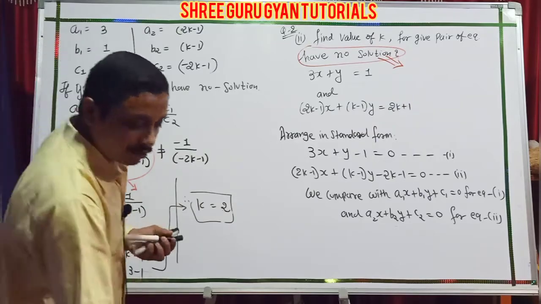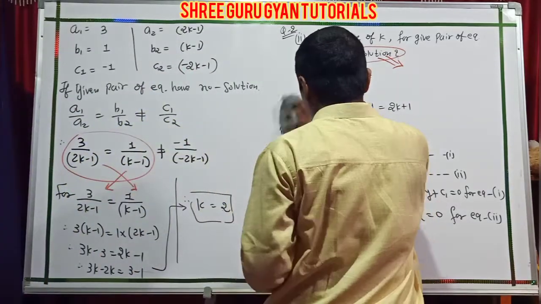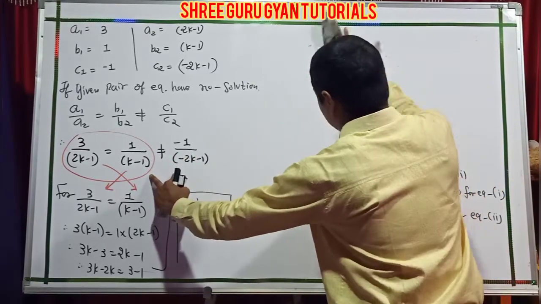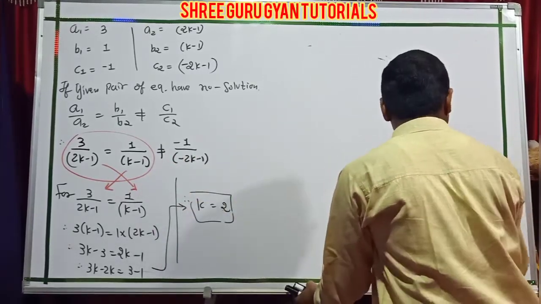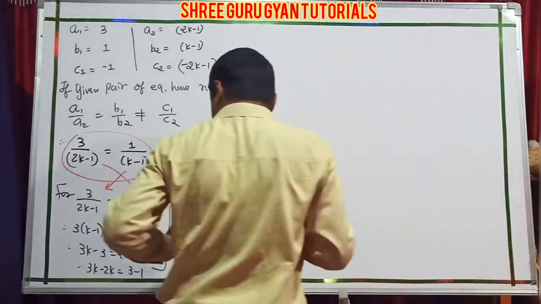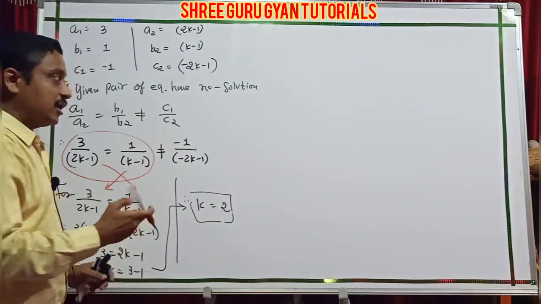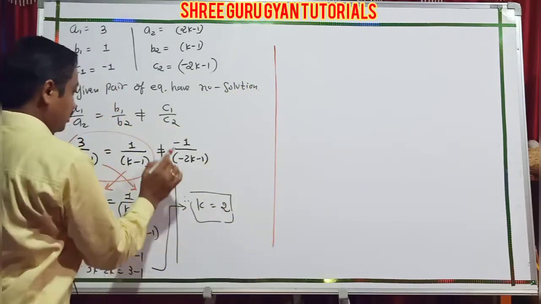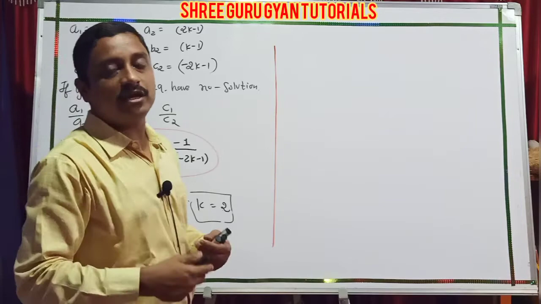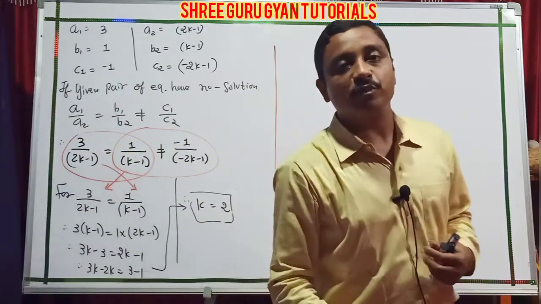And students, here the numerical is almost done. But I also check the not-equal-to comparison and find its values. After that, k is equal to 2. I move ahead with these two comparisons. Sometimes in MCQs they also ask which value of k is not possible.